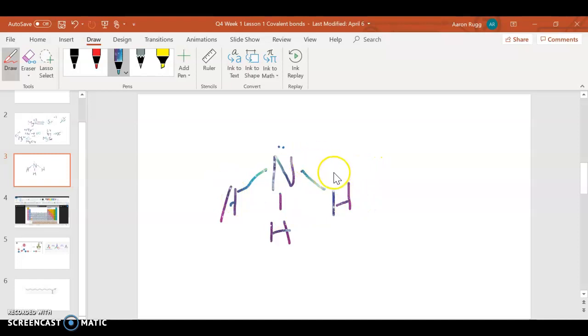So the bonds, remember, are going to be polar. If we're looking at ammonia as my example, we point these arrows, and then we have this overall direction in the molecule towards here.